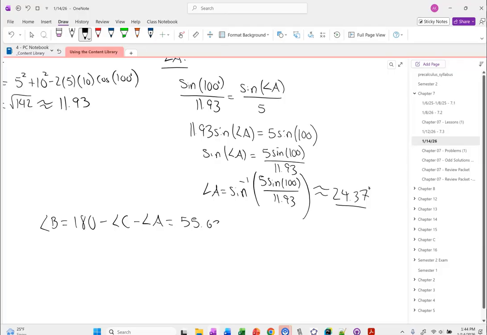It's 180 minus the other two angles. I think that's right. I'm trying to mental math it. Okay, yep, I'm ready.